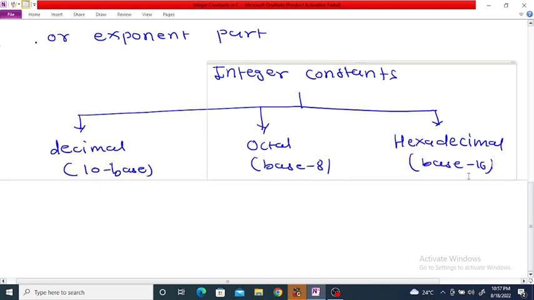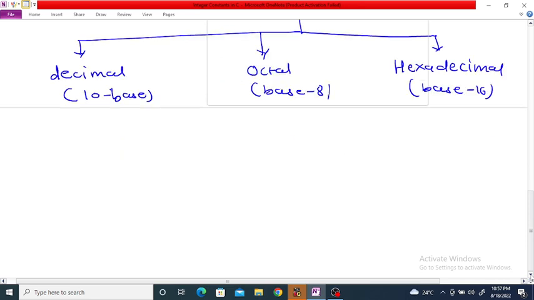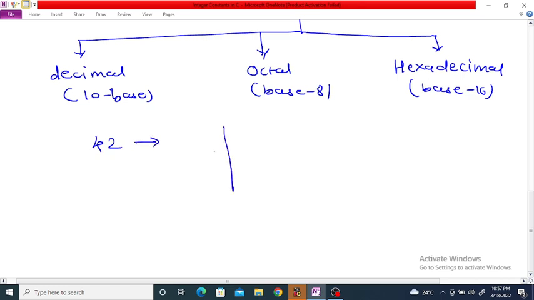Now for example, consider 42 in decimal, where the base is 10. We can convert it into octal by dividing 42 by 8. Here the quotient is 5 and the remainder is 2.